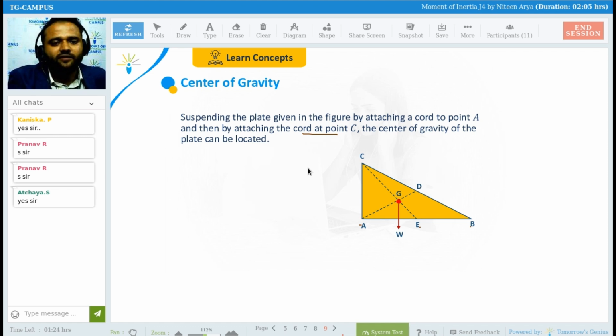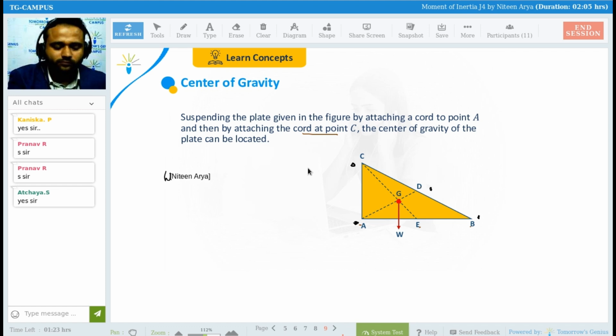Clear? Basically for this point, even for this, and for this, if I attach a string or any wire, it is going to be balanced from this point.